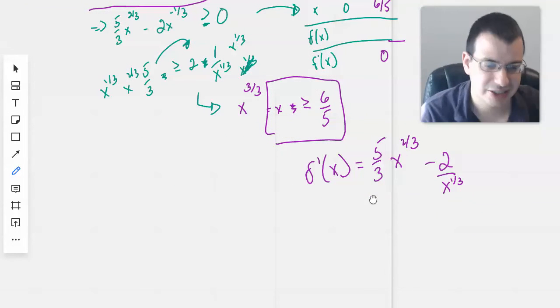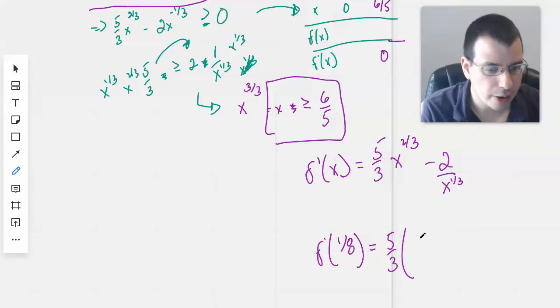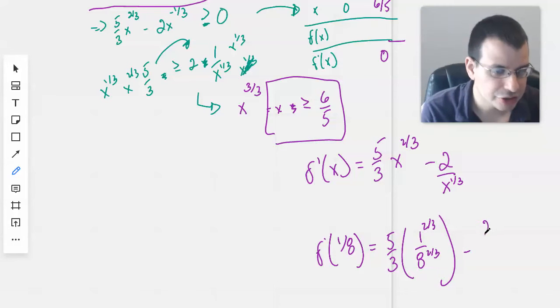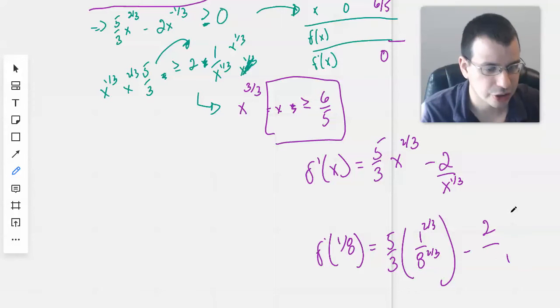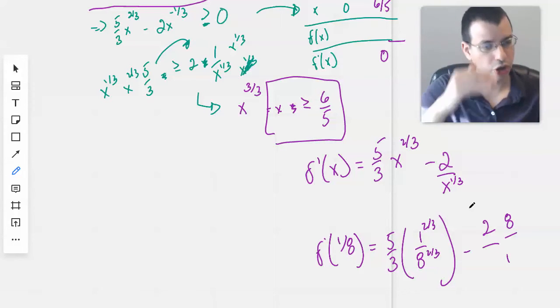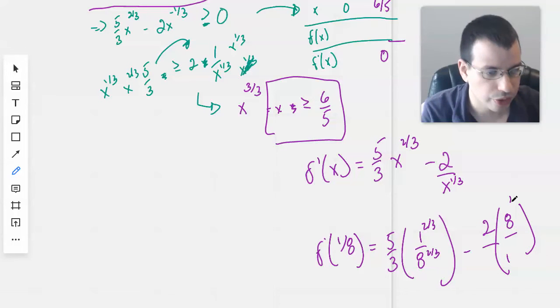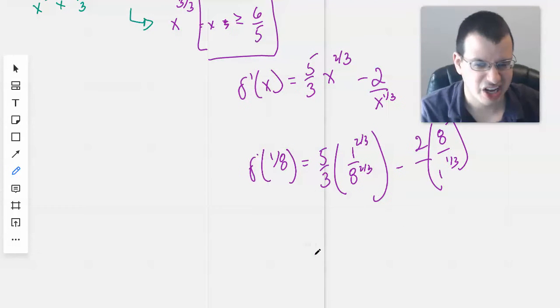And so if we plugged in, let's say, 1/8, f prime of 1/8, then we could say 1/8 to the 2/3 minus 2 over 1/8 to the 1/3. I'll write 1/8 reciprocal like this because 1 over 1/8 would just be 8. You could also just do this in your calculator.